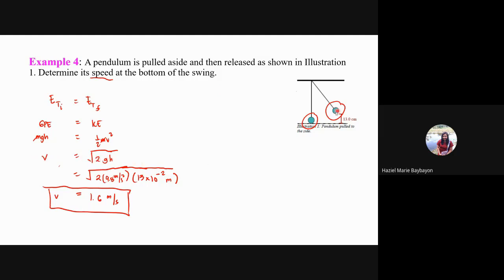And then substituting, we are given with the height. So converting lang this to meters. So we will get 2 times 9.8 meters per second squared multiplied by 0.13, or 13 times 10 to the minus 2 meter. Okay, so we have speed is equal to 1.6 meters per second.